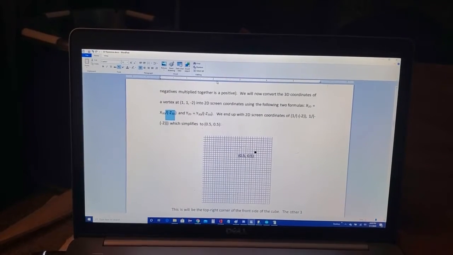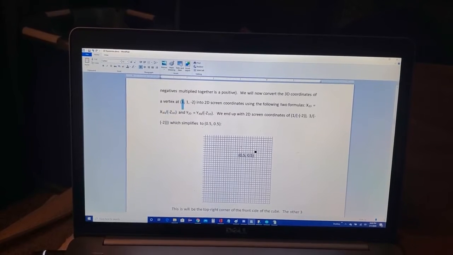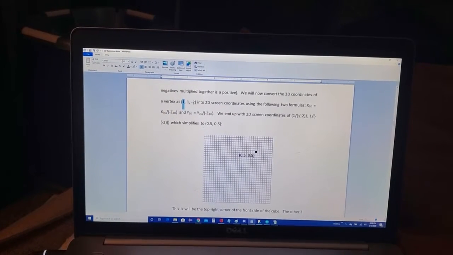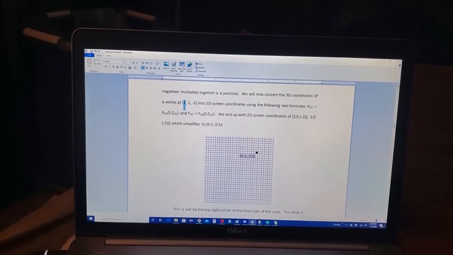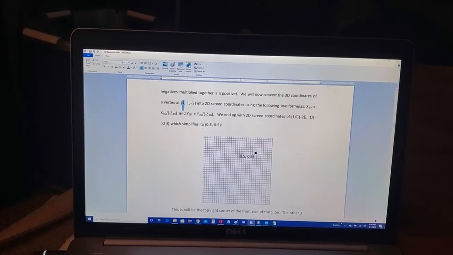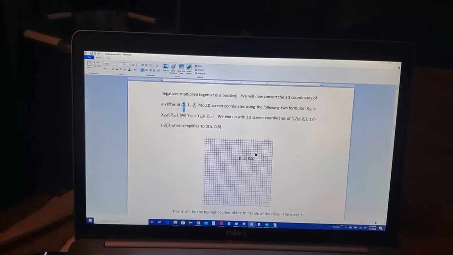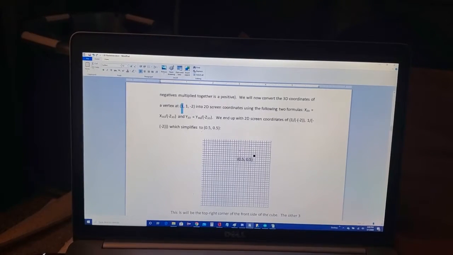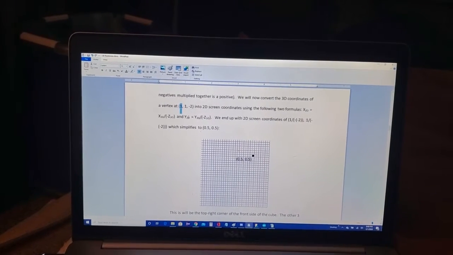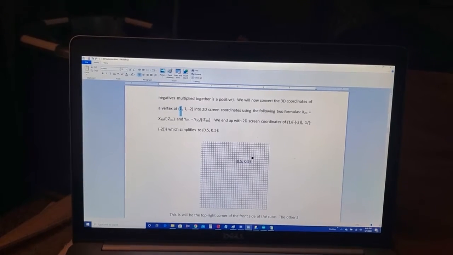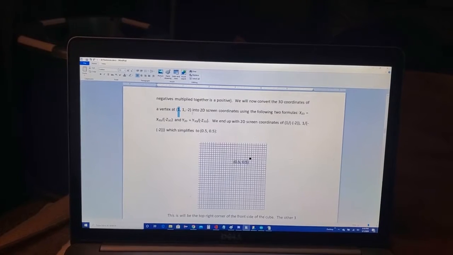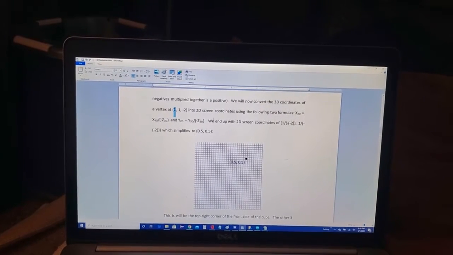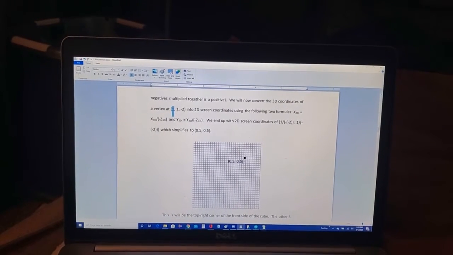And that takes this 1 here, and when we divide it by a -2, we get a positive 0.5 for the x value. The y value is exactly the same. We divide it by the -z, since z is negative to start with. 1 divided by -2 is also 0.5.